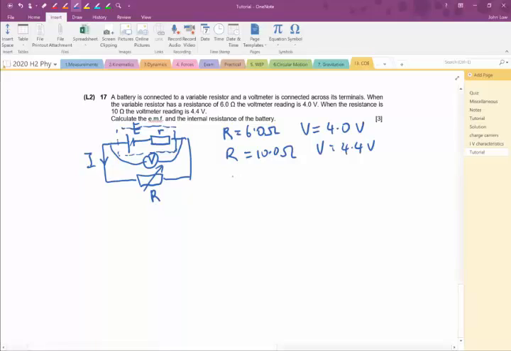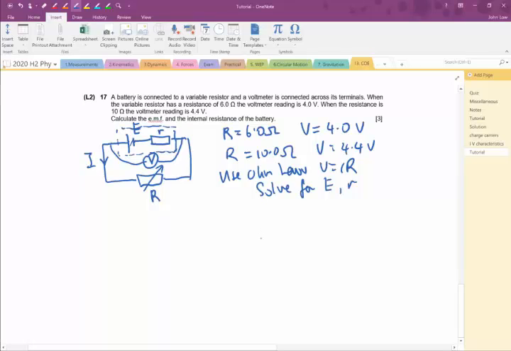So we can use Ohm's law, V equals IR, to help us to solve for EMF and r.